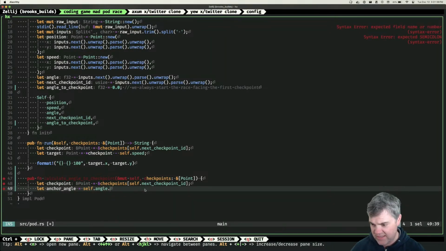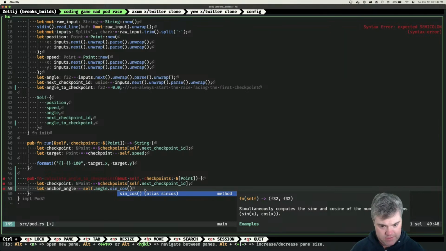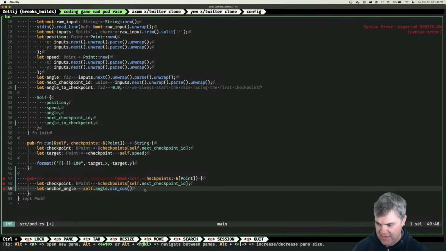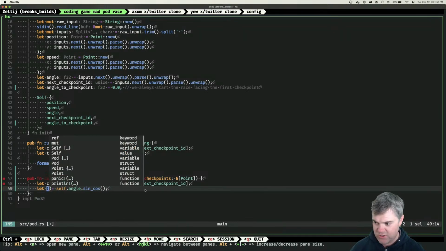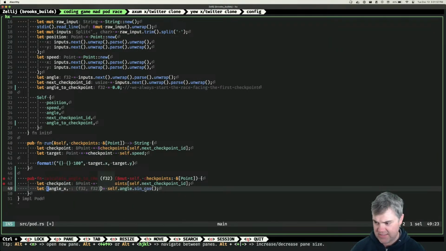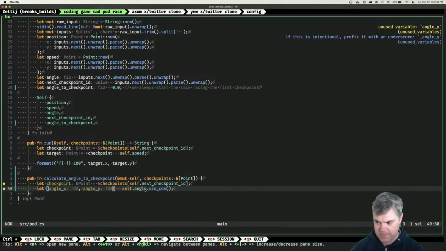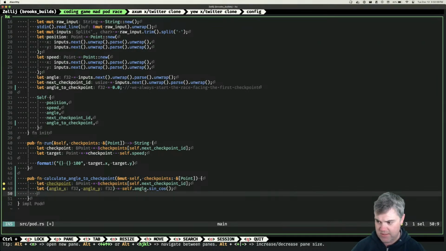So if I do self sine cosine, then this is going to return angle x, angle y, which then I can use to create a point. So this would be our angle point.